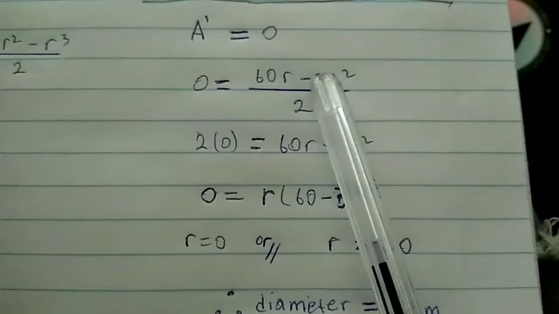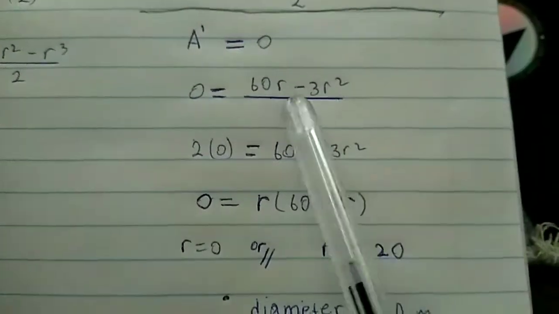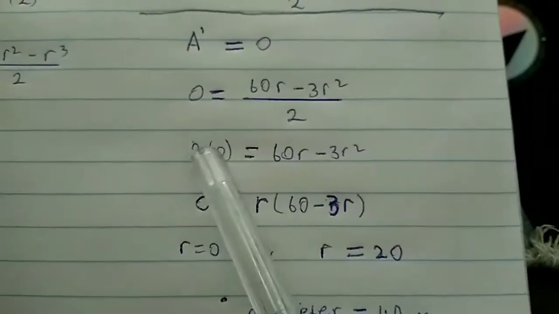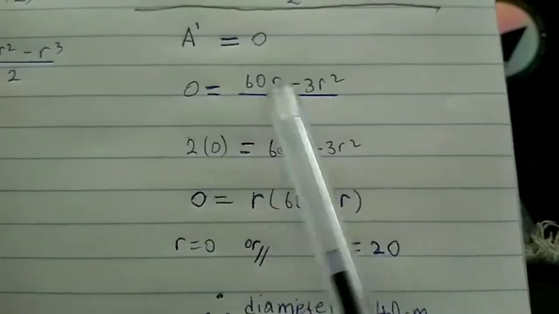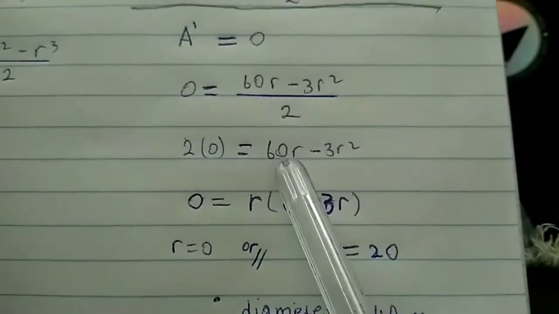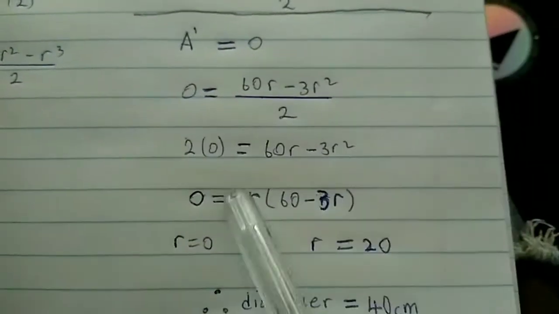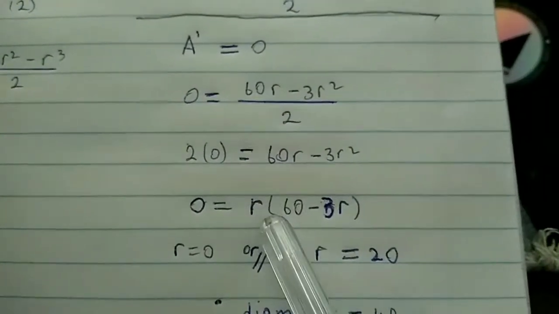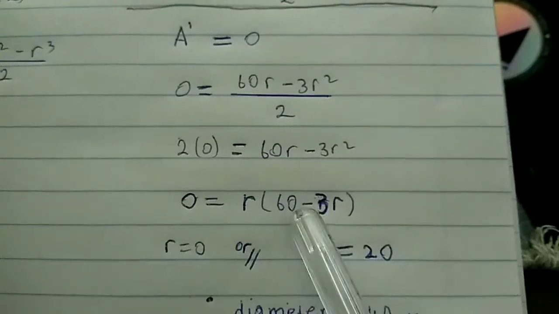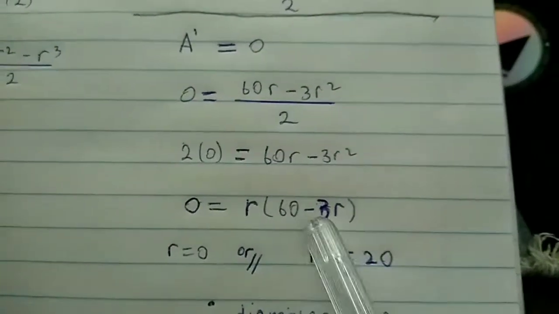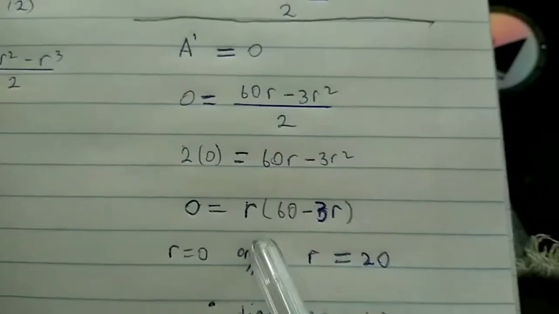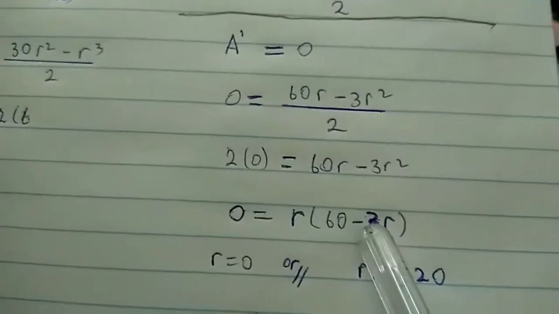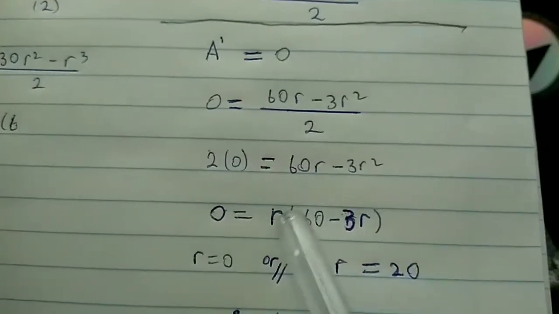So we cross multiply first, 2 times 0, and then there's a 1 over the 0, which is this quantity times 1, which is the same thing. And then we factorize. We factor r out to be left with, in brackets, 60 minus 3r. We know from the rules that when we want to solve, r is going to be 0 by itself.